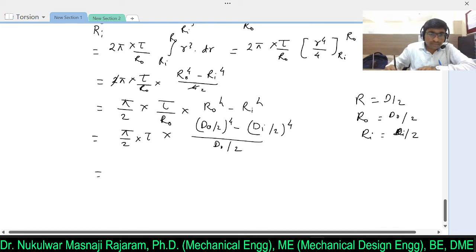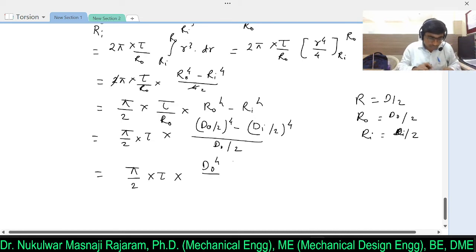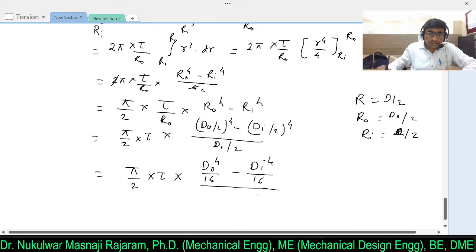So if you simplify this equation, then again I will get pi by 2 into tau, then do raised to 4 divided by 2 raised to 4, that is 16, minus di raised to 4 divided by 16. Clear? So here I can write do.